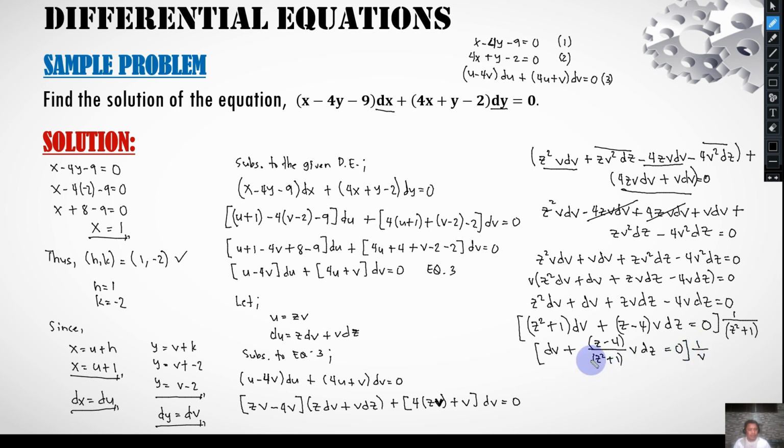So, 1 over v times dv, this would be dv over v plus ito naman is magka-cancel out na siya. So, this would be then equal now to z minus 4 over z squared plus 1, and in terms of dz is equal now to 0.